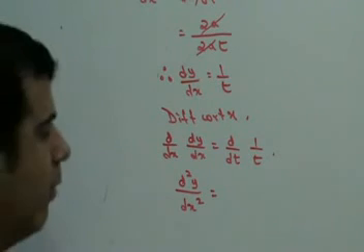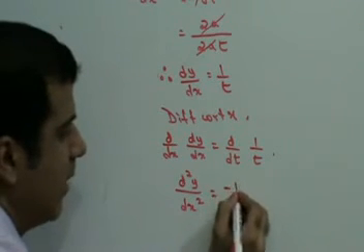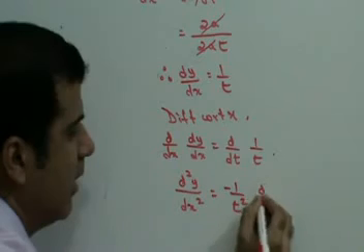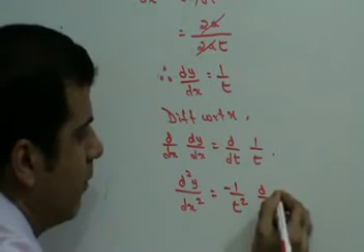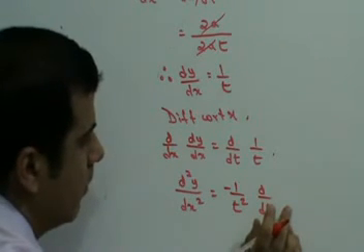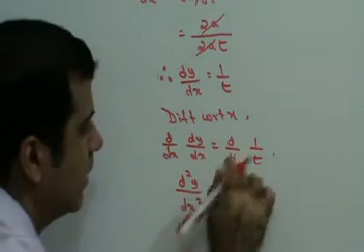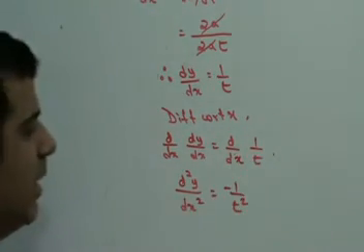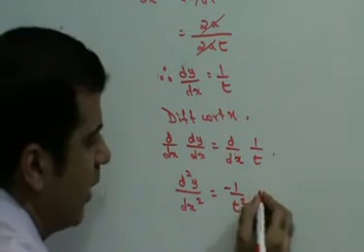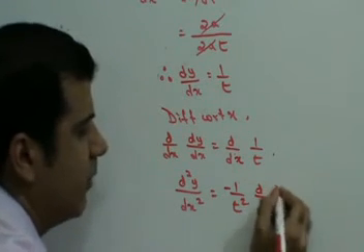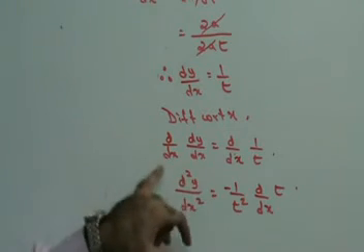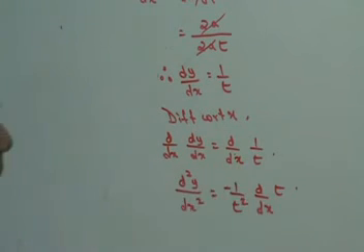d by dt of 1 upon t is nothing but minus 1 upon t square. d by dt of minus 1 upon t square. This should be x. d by dx of 1 upon t is minus 1 upon t square, d by dx of t, we are differentiating with respect to x.